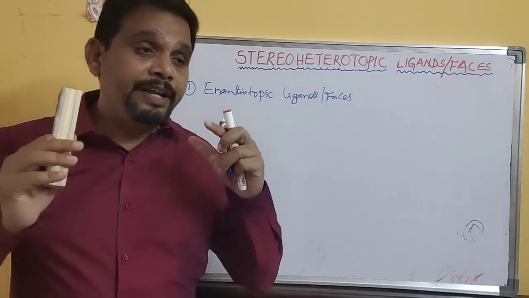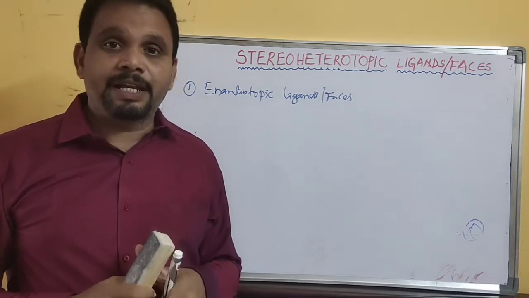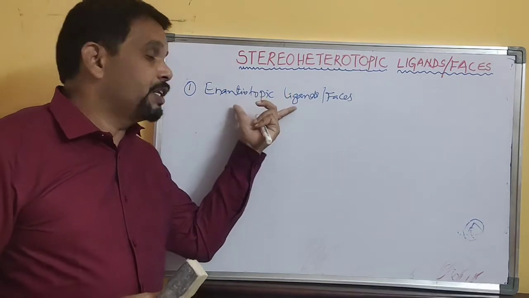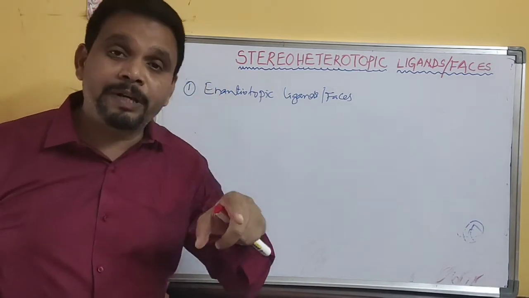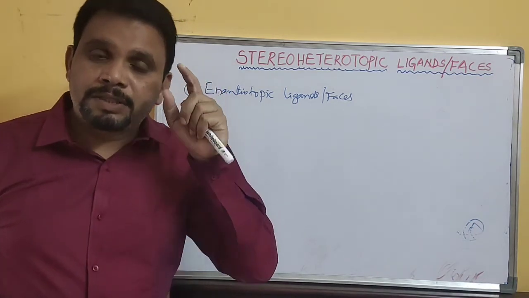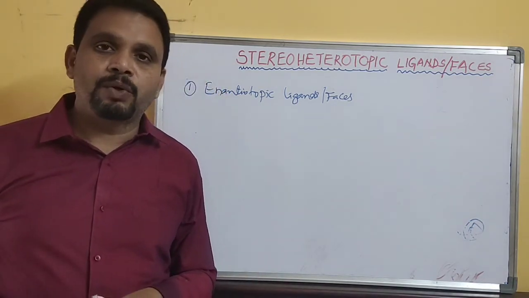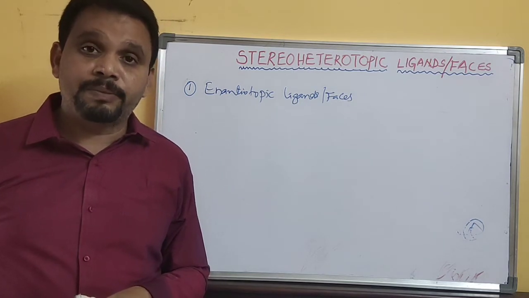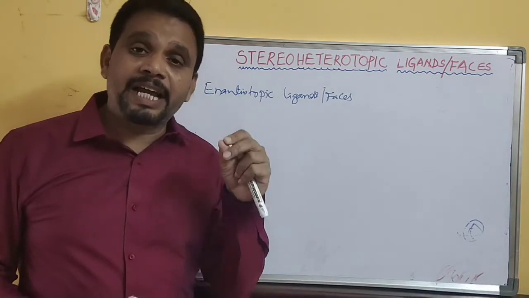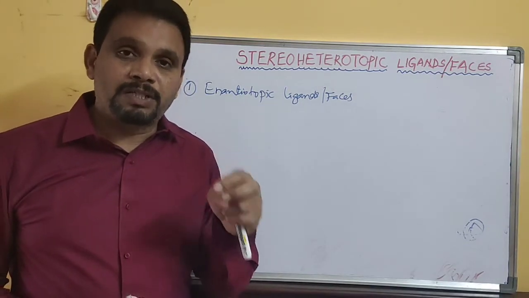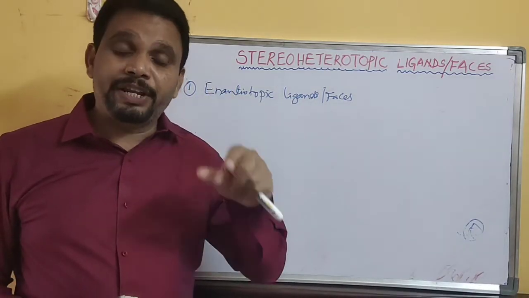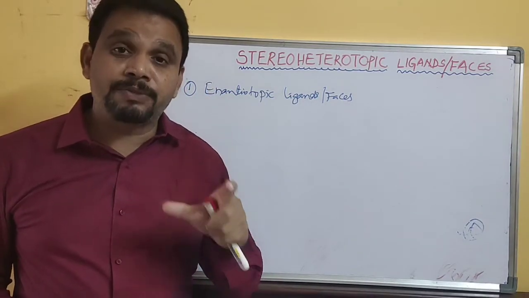So the difference between homotopic and enantiotopic ligands is that in homotopic ligands the symmetry element is the Cn axis of symmetry, but in this case the secondary kind of symmetry elements work: center of symmetry, plane of symmetry, alternating axis of symmetry.